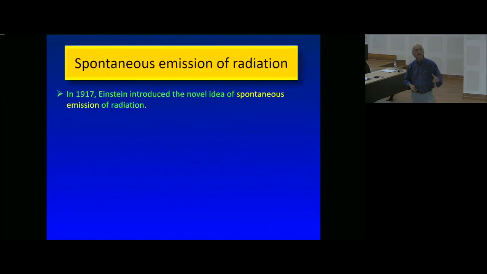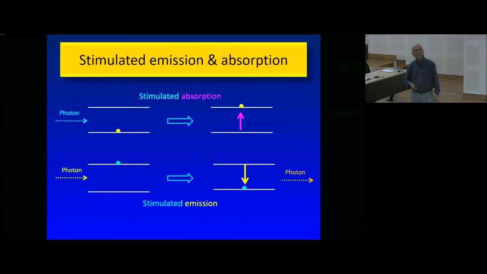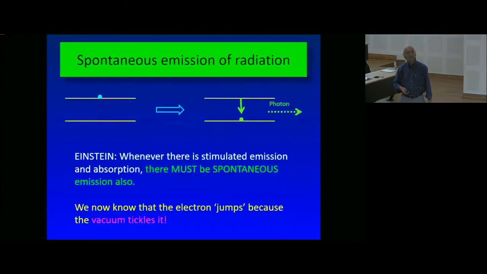And then, let me now state the reason why he asked that. You remember in 1917, Einstein introduced the idea that in addition to stimulated absorption and stimulated emission, there must be spontaneous emission.